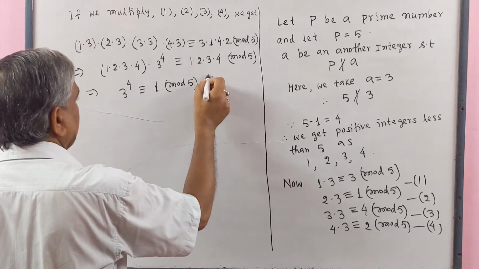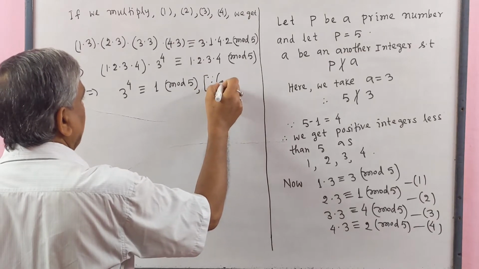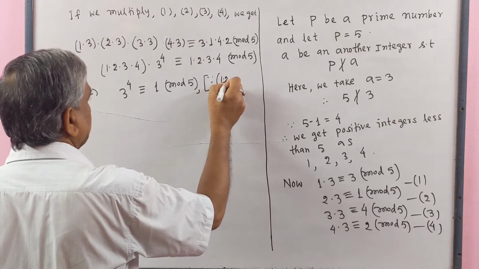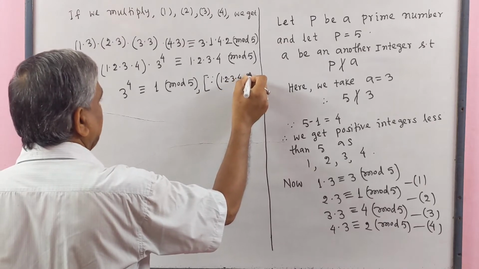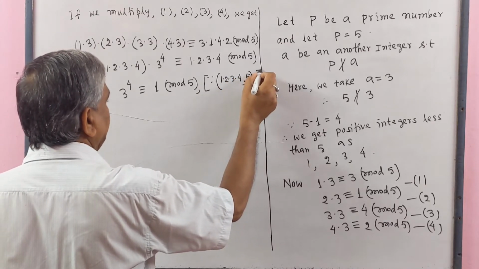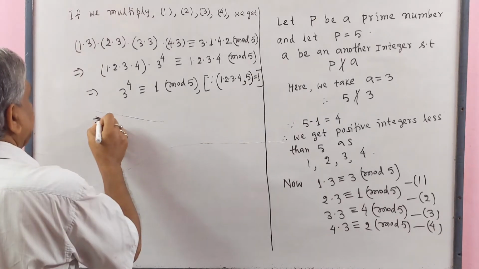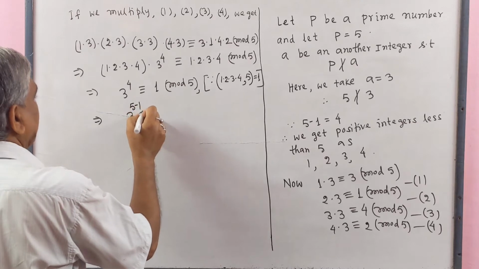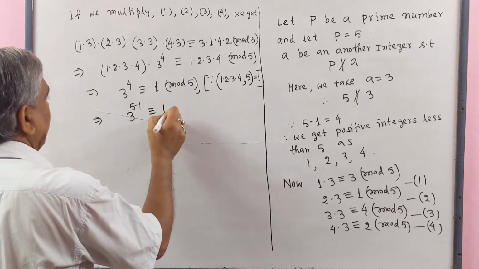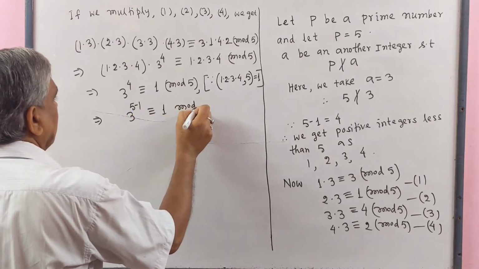Since GCD of 1 multiply by 2 multiply 3 multiply 4 and 5 equal to 1 implies that 3 to the power 5 minus 1 is congruent to 1 modulo 5.